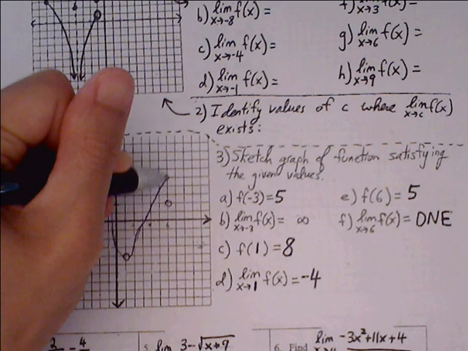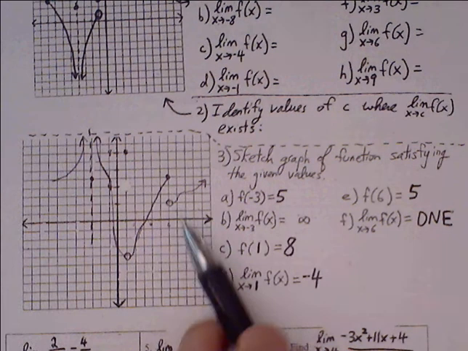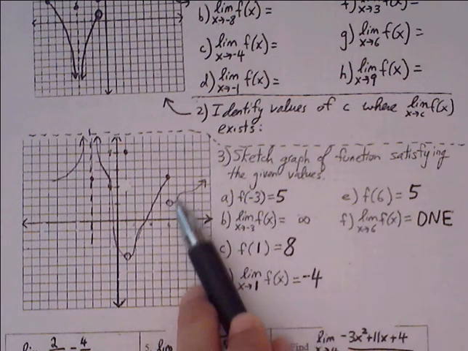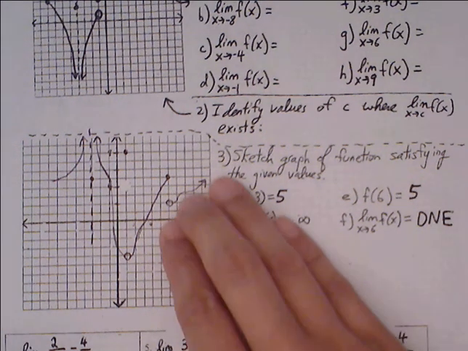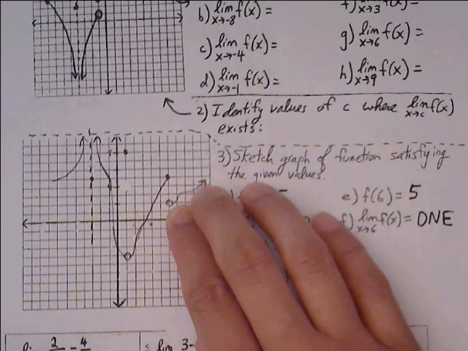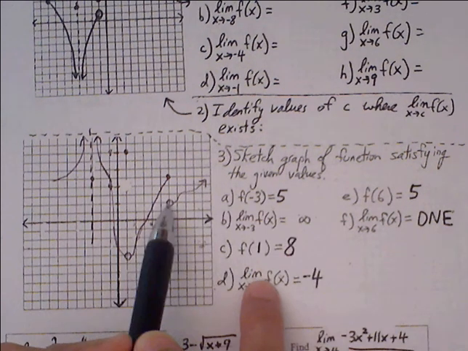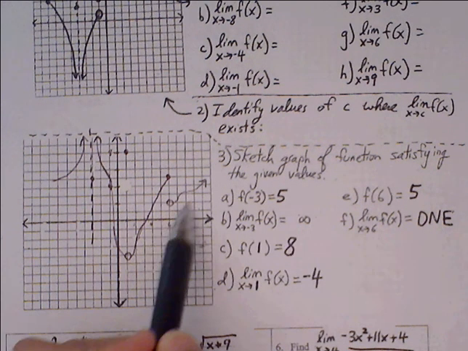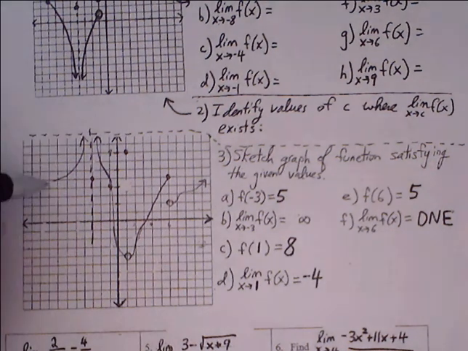So we could simply end the graph there, or we can continue. So there are various ways to represent that the limit doesn't exist at 6. Either we can stop the graph at the endpoint, or we can continue and create a break in the graph. So I just chose an arbitrary point as the location of that break.